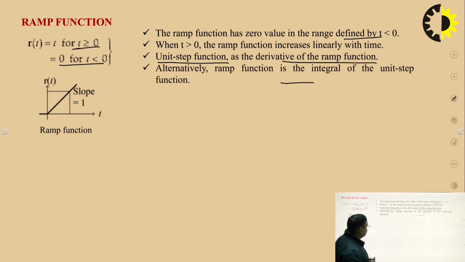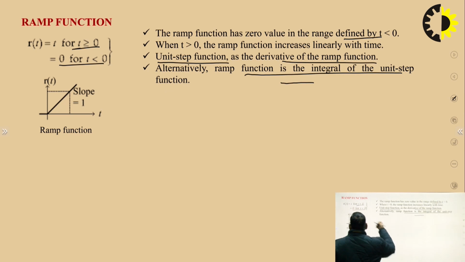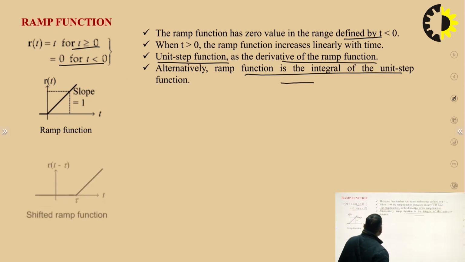And alternatively, the ramp function is the integral of the unit step. Later on we will prove these two relations. If we differentiate r(t), dr(t)/dt is equal to 1. So if you differentiate a ramp function, we get the unit step function, and if we integrate a unit step function, we get the ramp function. So these are the relationships between the ramp and step function.